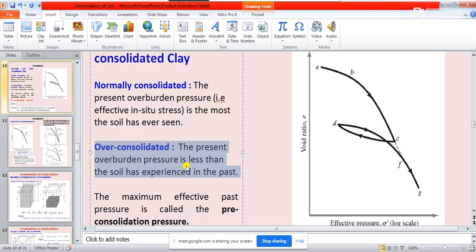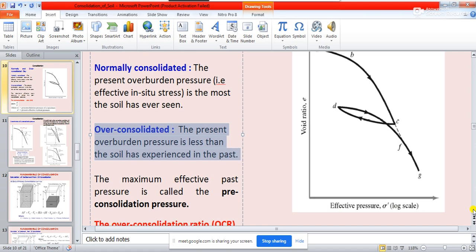When the hill is removed, that is the present overburden pressure, but in the past the soil has already experienced an overburden pressure of 100 kilonewton per meter square. So the maximum effective past pressure, the pre-consolidation pressure, as you understand now from this example, what is the maximum effective past pressure the soil has experienced?